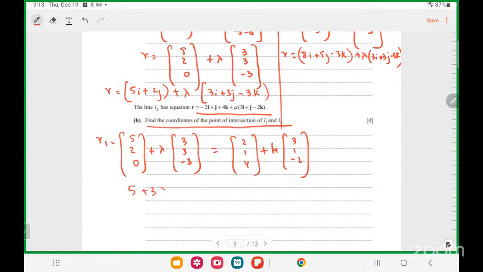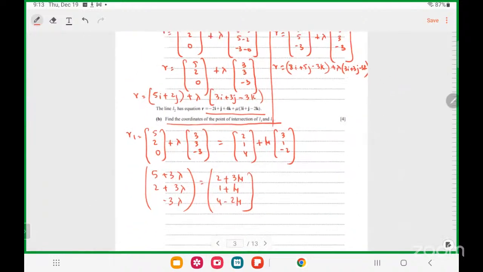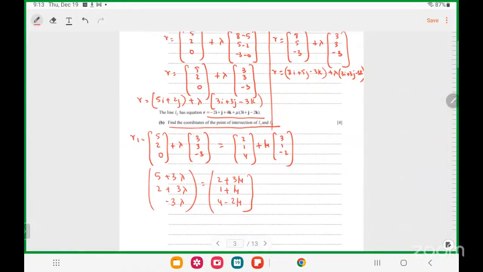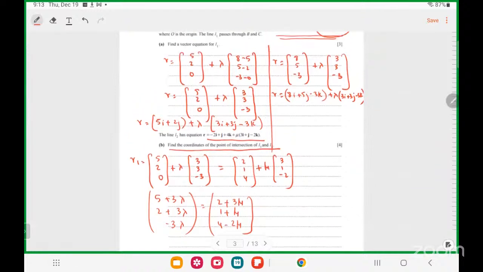This will become 5 plus 3 lambda, 2 plus 3 lambda, minus 3 lambda, and this will be minus 2 plus 3 mu, 1 plus mu, 4 minus 2 mu. I hope this makes sense.